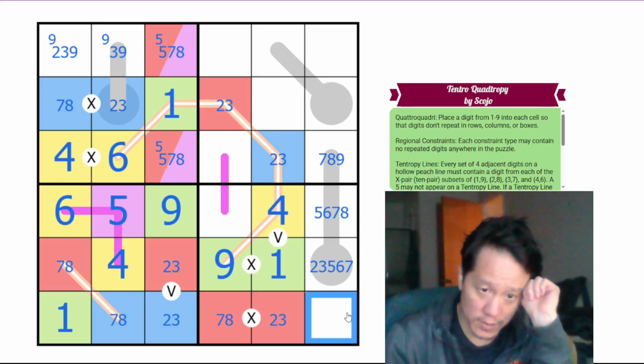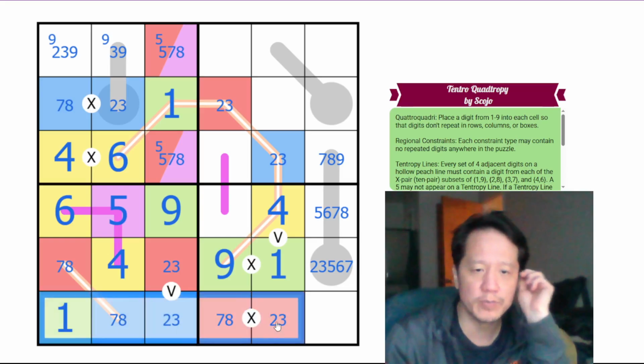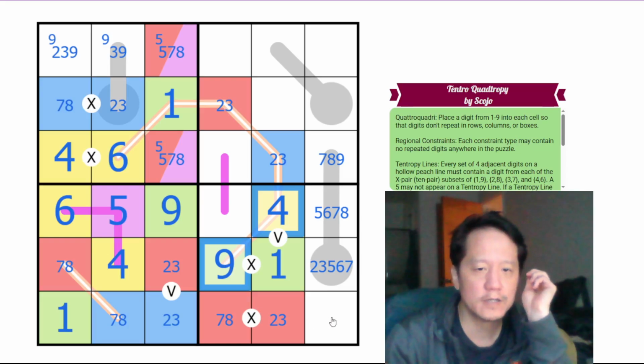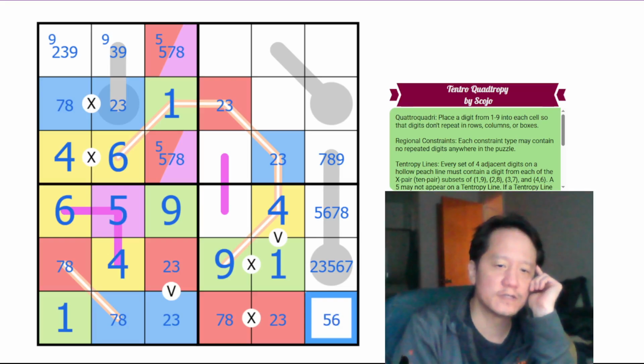Remaining digits here cannot be 1, 2, 3, 7, 8 because of the 1, 2, 3 pair and the 7, 8 pair in the row. Can't be 4 or 9. So no 1, 2, 3, 4. It could be 5, 6, no 7, 8, or 9. So this is 5 or 6.